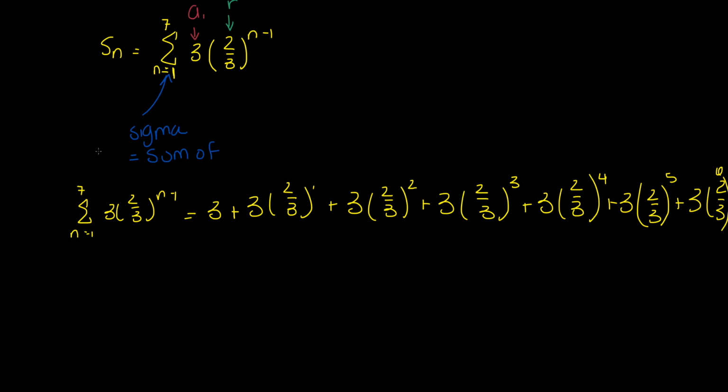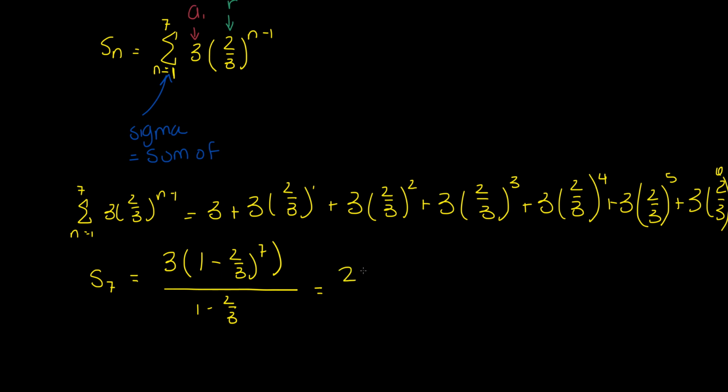And I could write it out all like this, or I can take that last formula, so S7 is equal to 3 times 1 minus 2/3 to the 7th power divided by 1 minus 2/3. And here we get 2059 divided by 243.